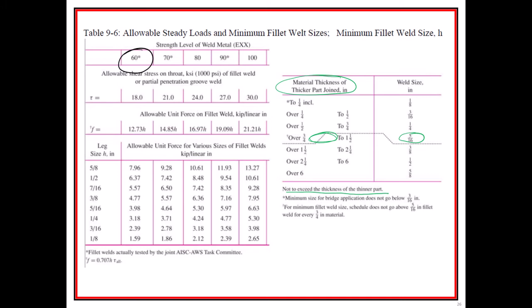We go ahead and limit to an allowable stress, and so our guidance from the American Welding Society right here is based on a number of other things, but they also have a safety factor built in. So we're limited to 18 KSI, right? So that's a pretty substantial safety factor already built in.